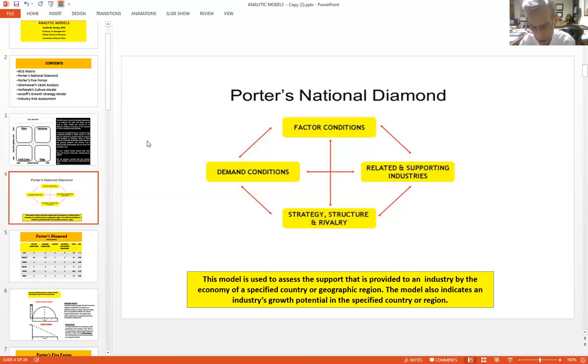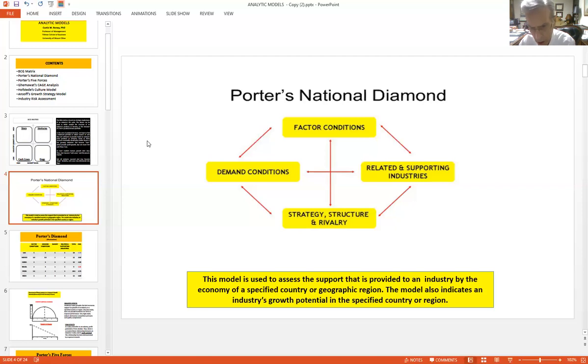The first is factor conditions. For those of you who've had courses in microeconomics, factors of production should not be an unfamiliar term. But factor conditions that affect an industry's performance differ greatly between countries.